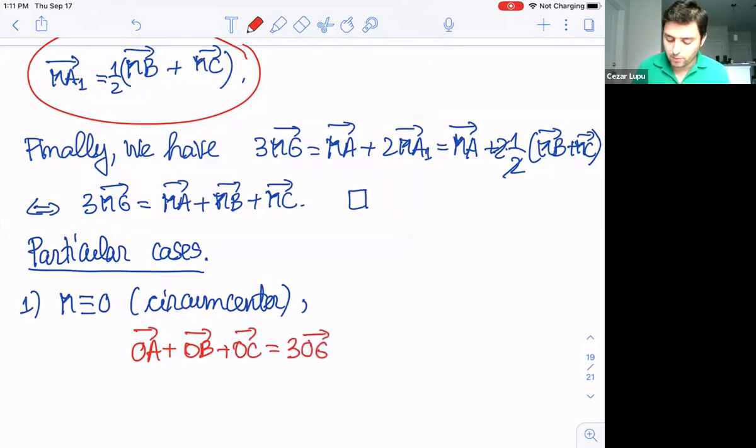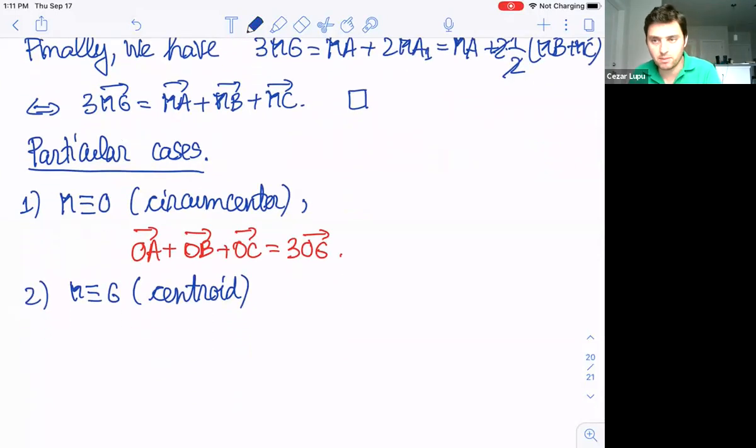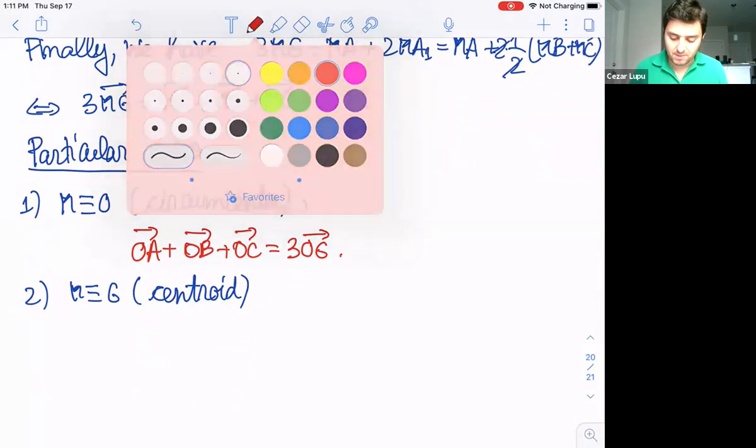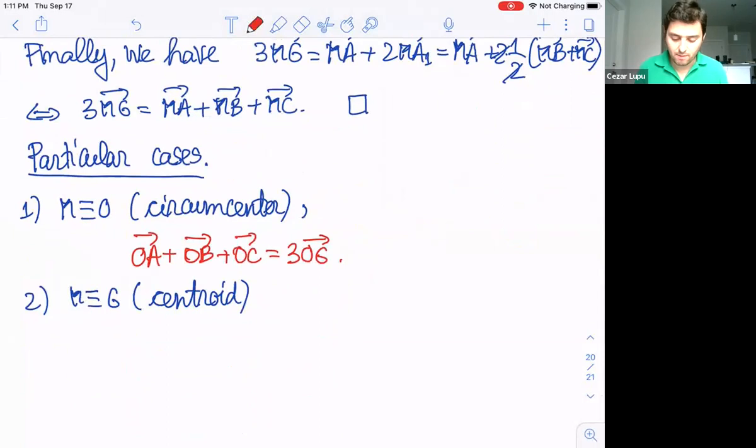Sometimes when we do problems, it's very important to work with this relation, because you can assume that the origin is at the circumcenter. But anyway, what if M is G, the centroid? We can take M to be the centroid, it's any point in the plane, so I have no problems with that. So it will give us what? Can you tell me? If I put M to be G here, it will give us 3GG vector. But what is the GG vector?